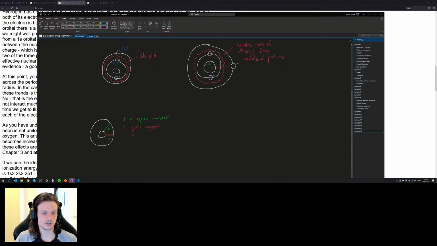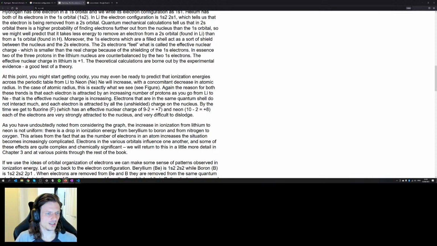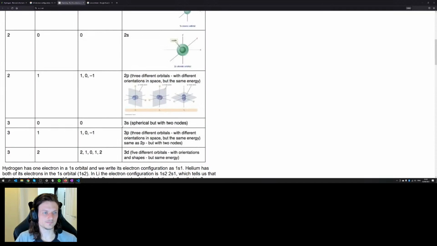That's fine, we know what that means. And it says, in the case of atomic radius, this is exactly what we see. See figure.